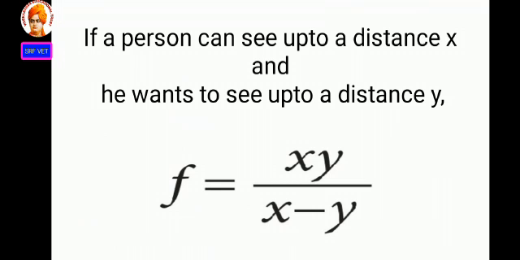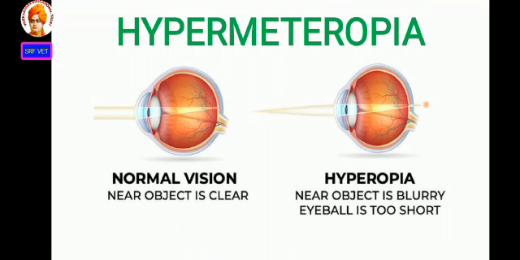But he wants to see up to a distance y, which means the focal length of the required concave lens is f equal to xy divided by x minus y. Okay, clear? The next one, hypermetropia, is also known as long-sightedness. It occurs due to the shortening of the eyeball.